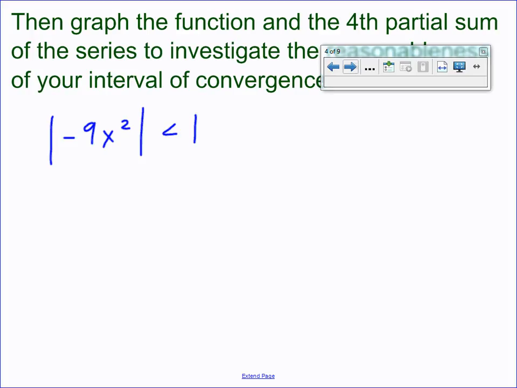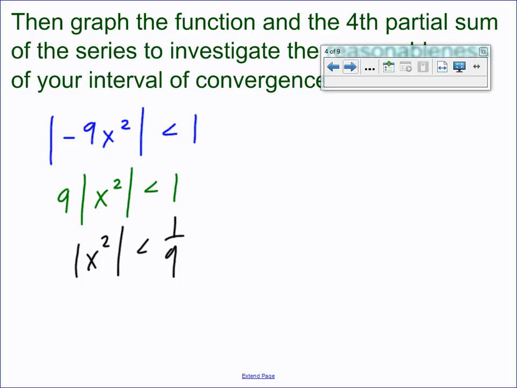So how do we do that? Well, we have to solve this using absolute value. This is negative 9 times x squared, and the absolute value of negative 9 is positive 9. However you want to rewrite that, I'll apply the absolute value to that negative 9 and pull it out front. Then I'll divide over to get the absolute value of x squared less than 1/9.